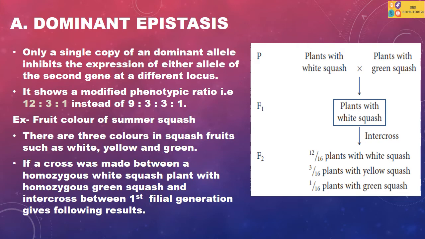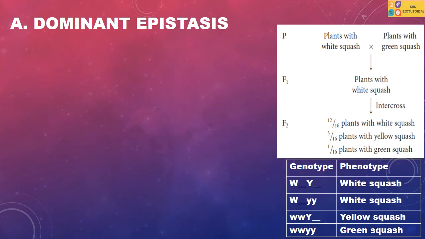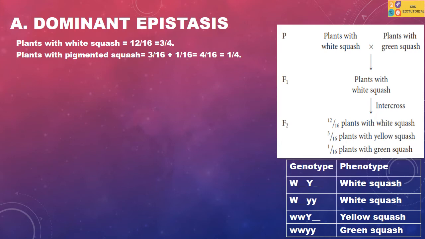The intercross between plants of the first filial generation produces 12/16 plants with white squash, 3/16 plants with yellow squash and 1/16 plants with green squash. From the above cross, we find that 12/16 or 3/4 of plants have white squash and 1/4 have pigmented squash.